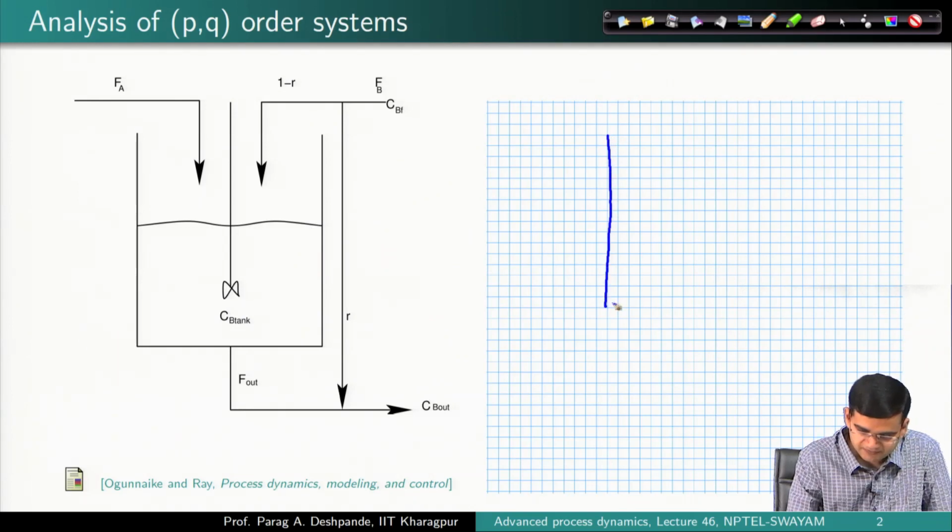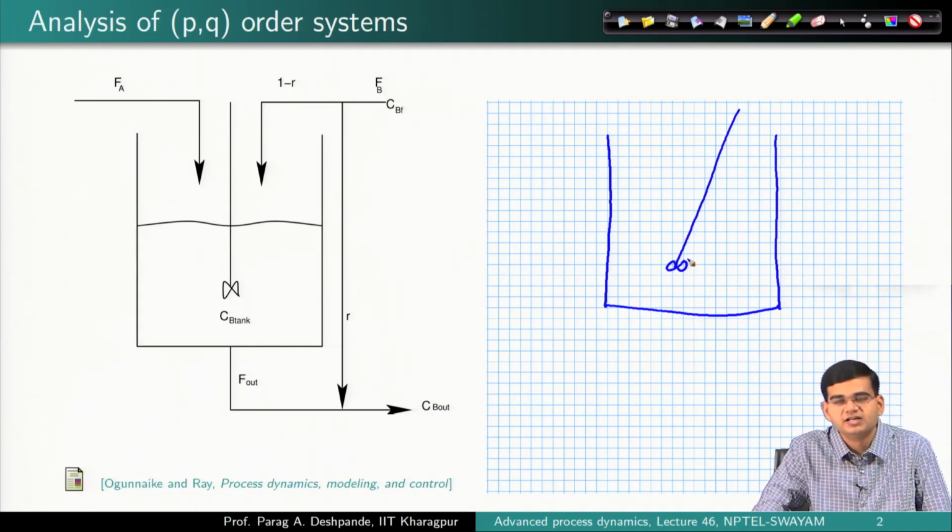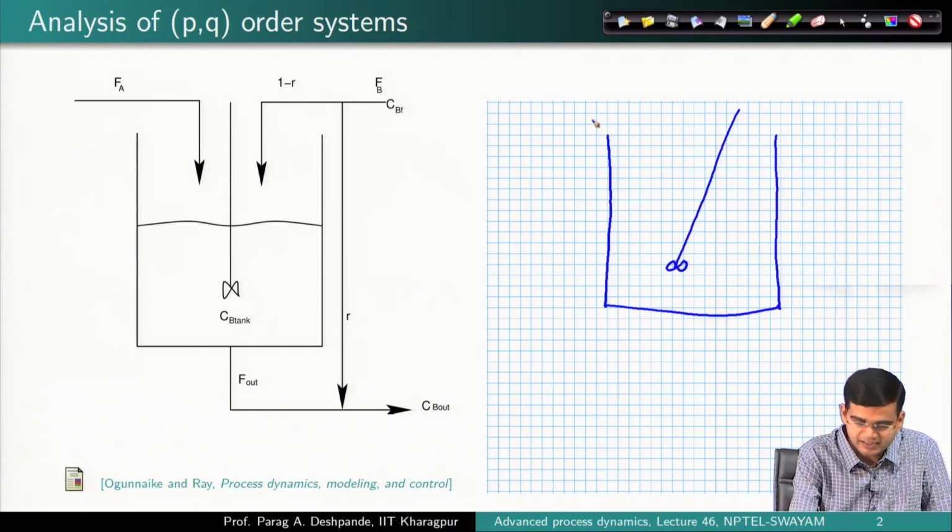So, we have a tank, which is a mixing tank. It would be equipped with a stirrer, and you have two inlet streams.